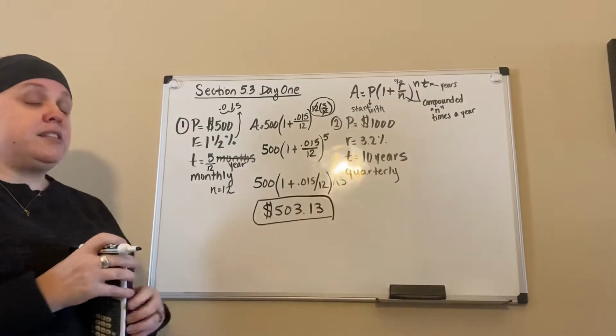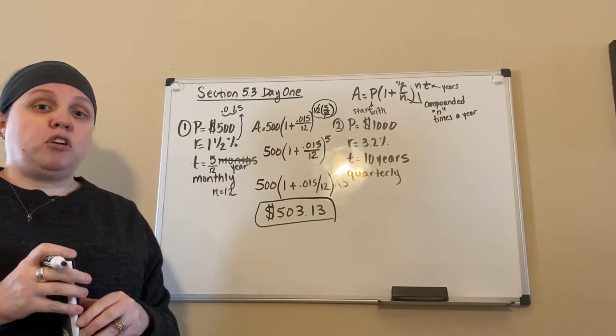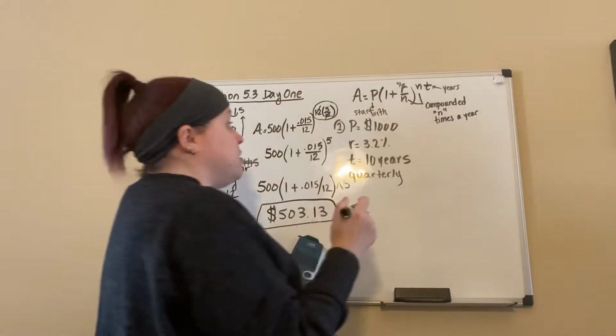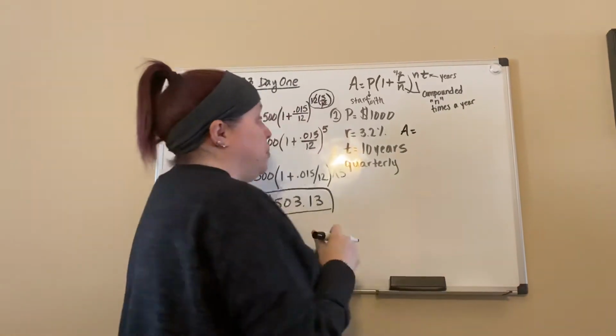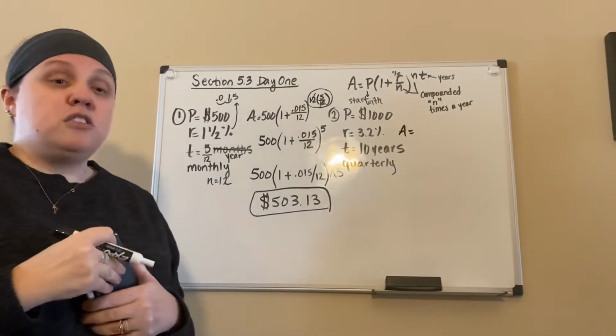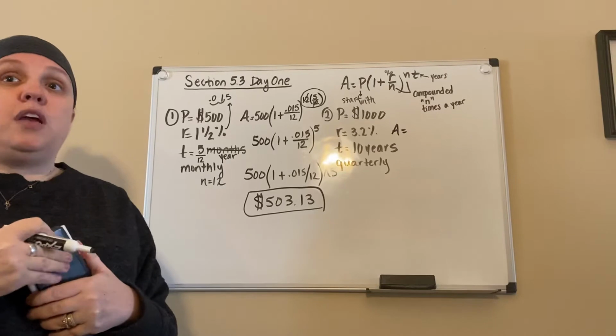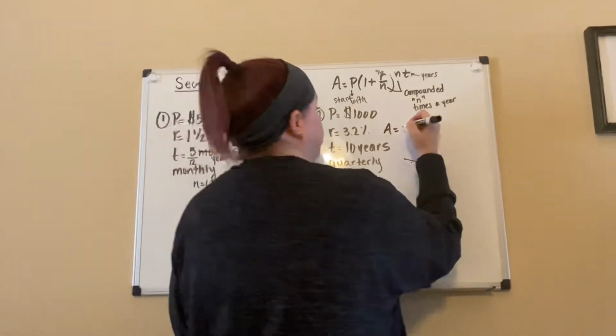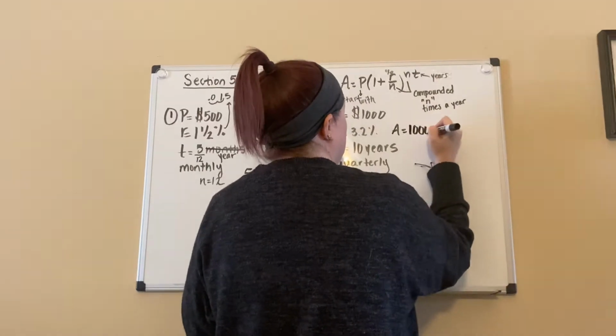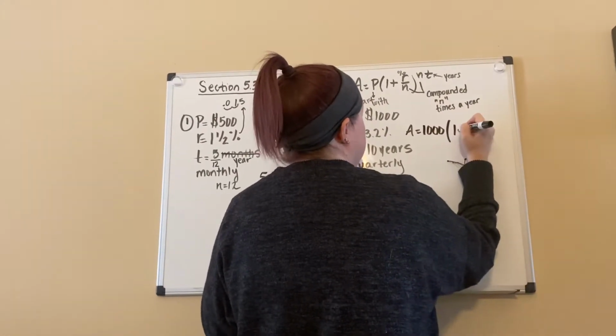So we're going to do one more because I wanted to do the n value, and then I'll show you the last formula. So we have A equals, our principal here we're going to put in is $1,000. So when the problem says if you want to deposit $1,000, that's your principal. And then we have 1 plus my rate.